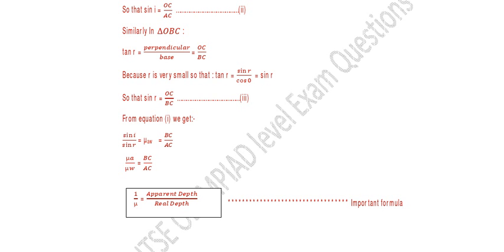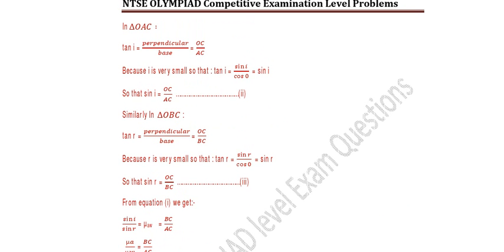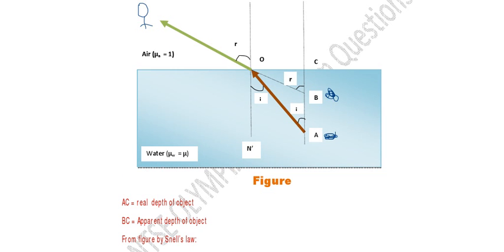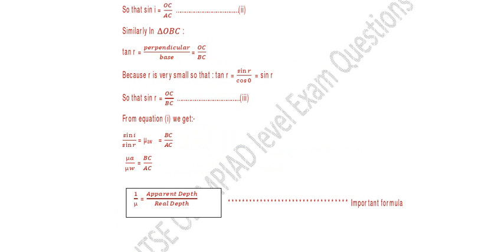Now we have a triangle OAC. In this triangle, if I determine the value of tan I, tan I is equal to perpendicular by base, meaning OC divided by AC.